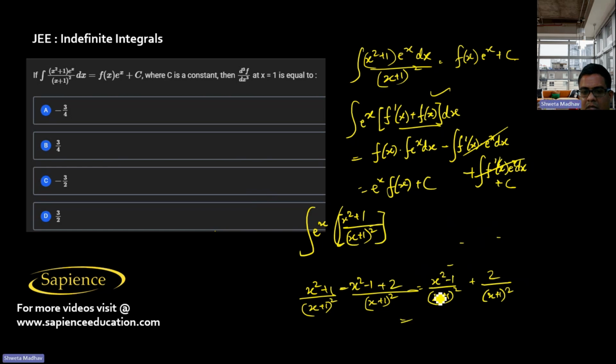So this will be x minus 1 into x plus 1, so this is (x minus 1) by (x plus 1) plus 2 by (x plus 1) whole square.